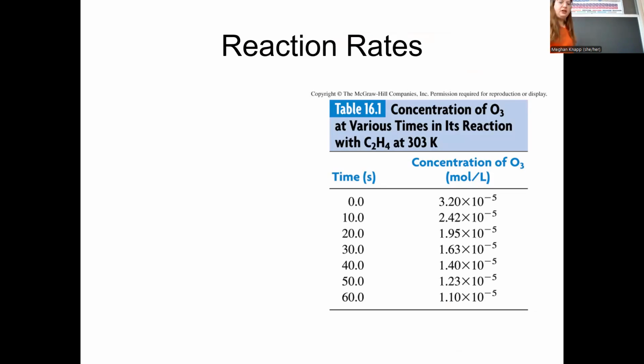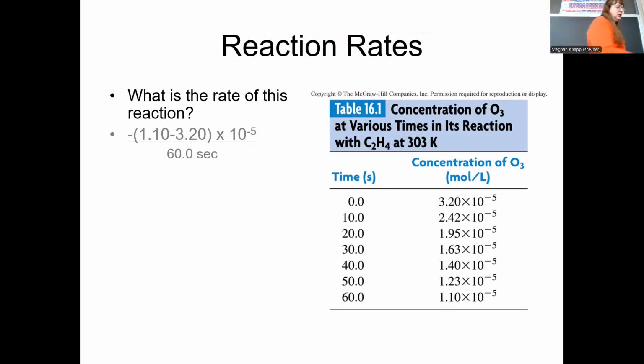Well, we could have the rate overall, and that would be going from the end. So here's the 1.10 final minus the initial 3.20, times 10 to the minus 5, because they're both times 10 to the minus 5, and divide by the total amount of time that's passed.